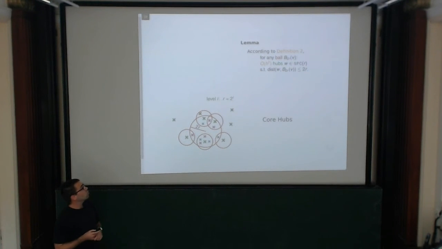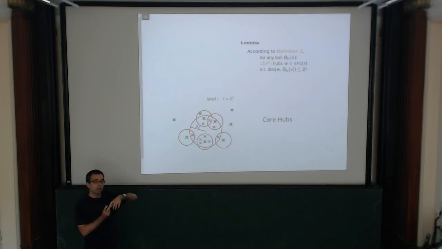What we can show is that if we use this more strict definition, we can also bound the hubs that are in the vicinity of a big ball. In particular, there are at most h squared hubs outside here that are close to this big ball, so we can use them as centers for balls of half the radius.